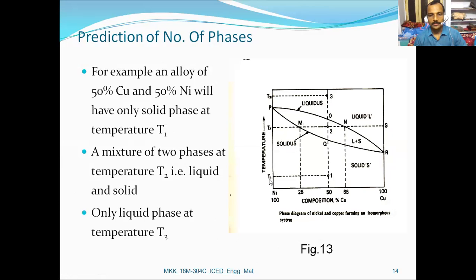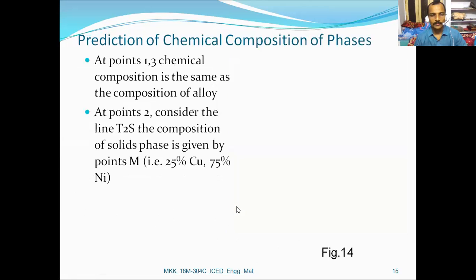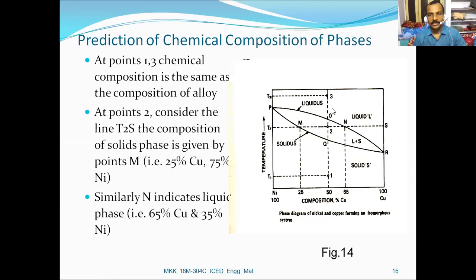At T1 solid phase, at T2 solid as well as liquid, at T3 only liquid state is available. We also discussed prediction of chemical composition of phases. So at 1 and 3, 50% copper and 50% nickel, and at point 2, nothing but T2S, we can consider M, and at M 25% of copper and 75% of nickel.